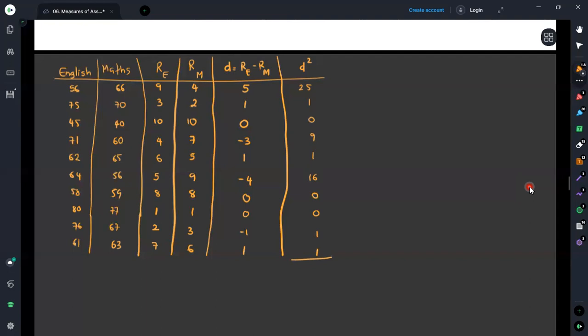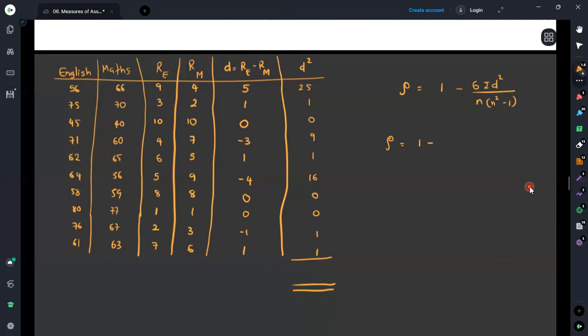Now we need the summation, because if you see the equation to calculate rho, rho can be obtained as 1 minus 6 times the summation of d squared over n times n squared minus 1. Using this equation, we can calculate the value for rho.